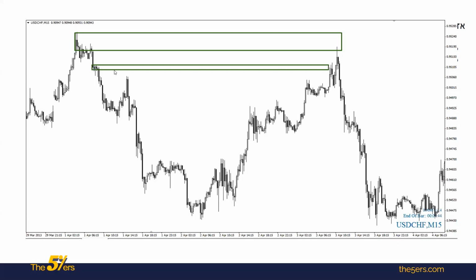Kimberly is asking about the selection of the time frame M15. Well, it's just to show you supply and demand works on all time frames. In fact, supply and demand is not about time frame, and time frame is just an arbitrary unit to draw candles. So there is no time for price.